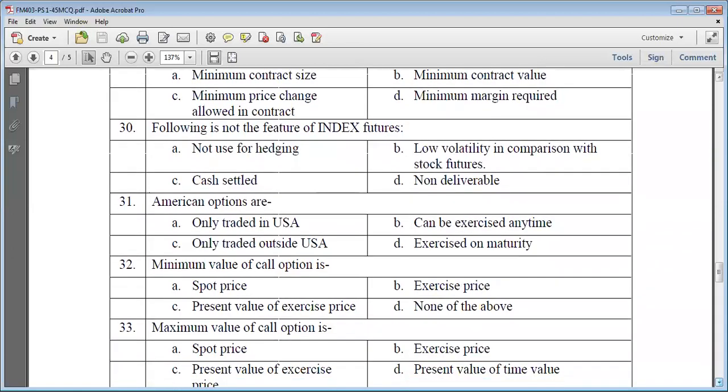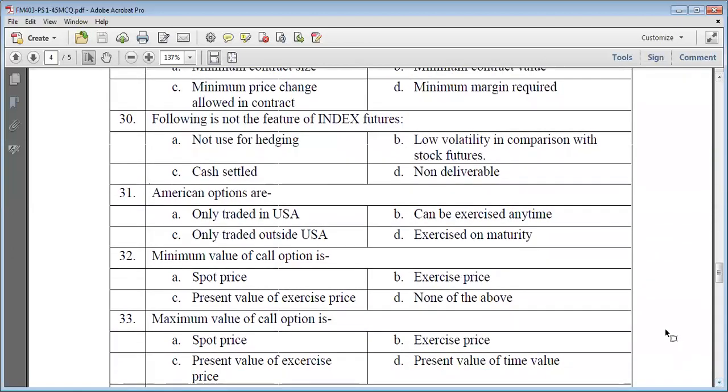Minimum value of call option is spot price, present value of exercise price, and present value of time value. Already we have uploaded some lectures much earlier where we have discussed in detail the minimum and maximum value range calculation in call option and put option.